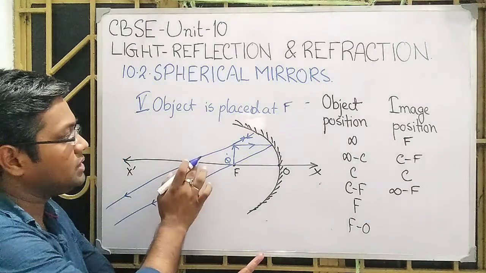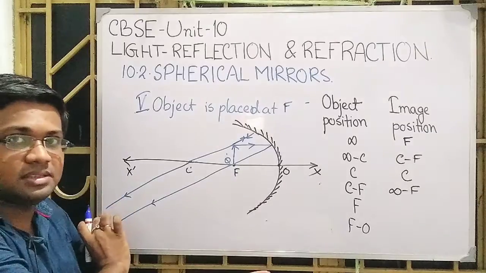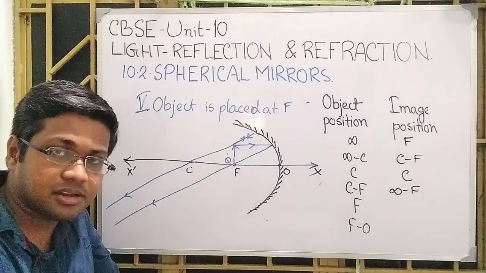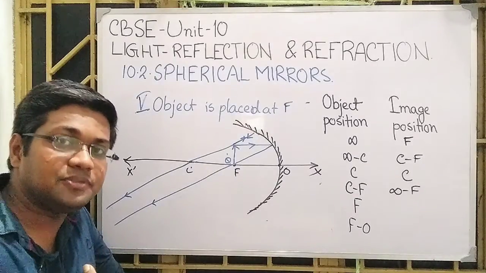If you look, these two rays are converging rays. Obviously these two rays will not meet at a finite distance, but since they are converging, we can say they will meet somewhere at infinity.